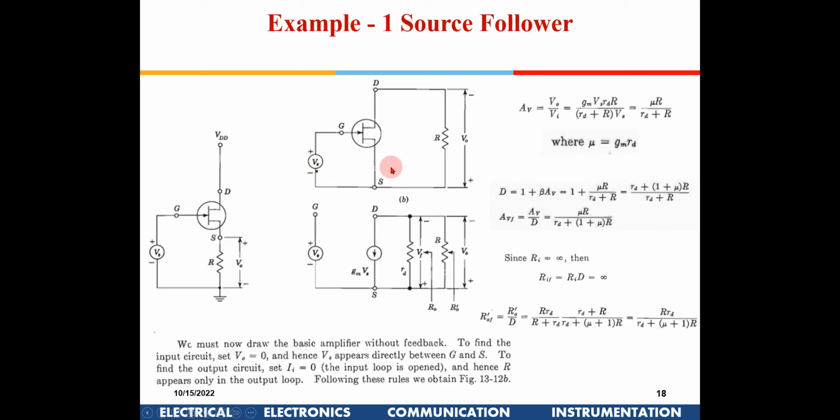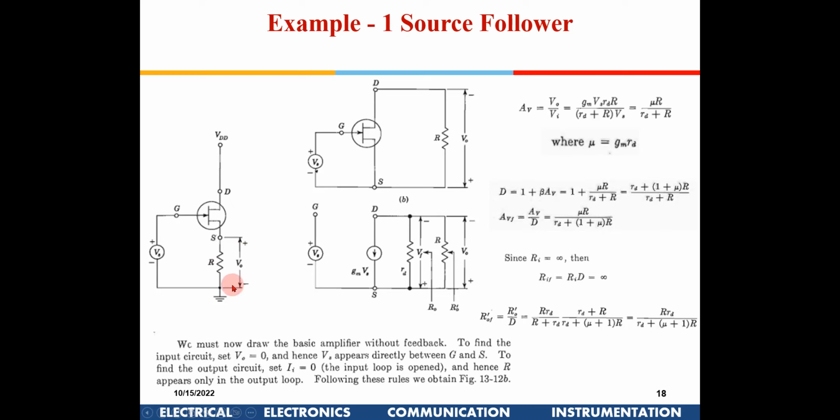So from here to here, how is it done? Is it okay? Sir, can you explain this R? Let me start with one. For the input side, since we are sampling a voltage and giving it here, we will short the output.